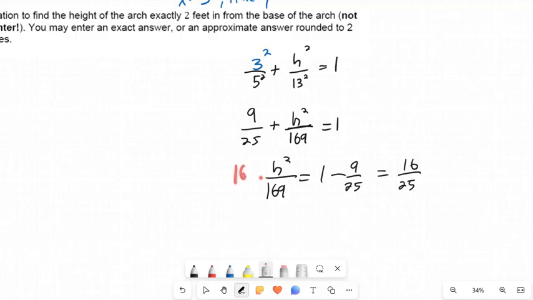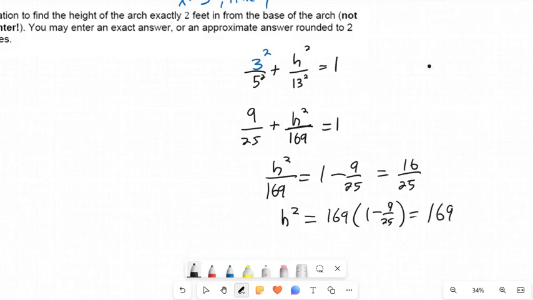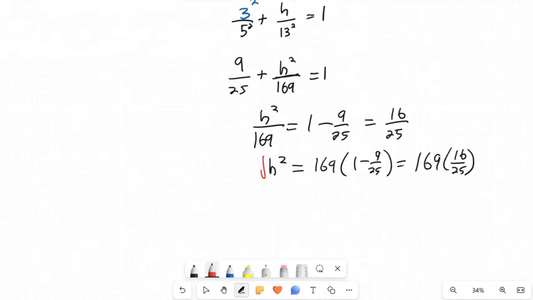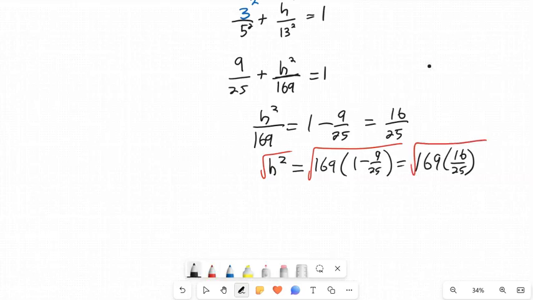Then we need to multiply by the 169. Nope, sorry. The result would not have a 169 anymore. And whether you have that as 1 minus 9 over 25, or you have it as 16 over 25, doesn't matter. And finally, square root. And we have h equals.